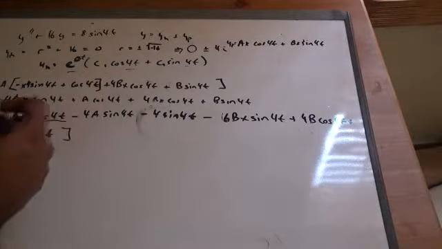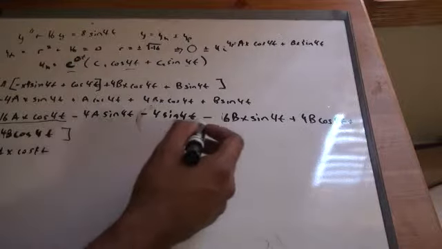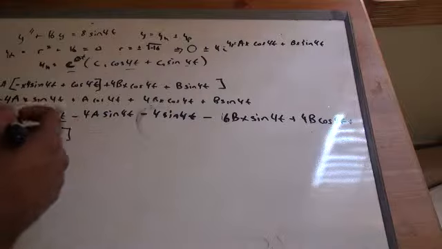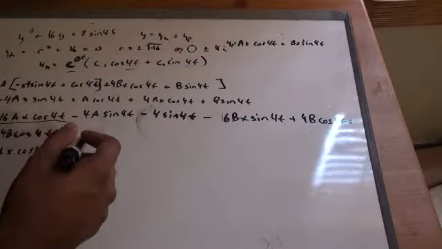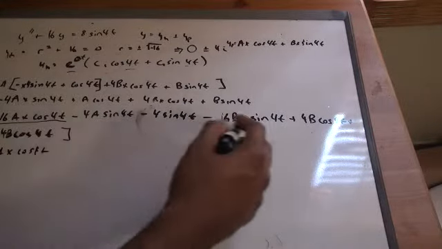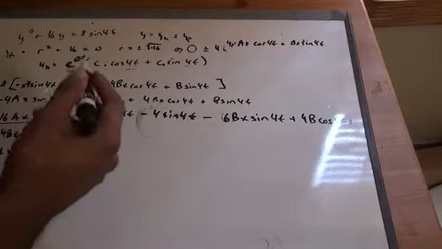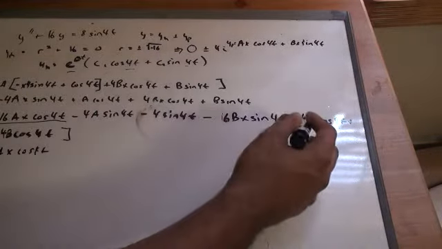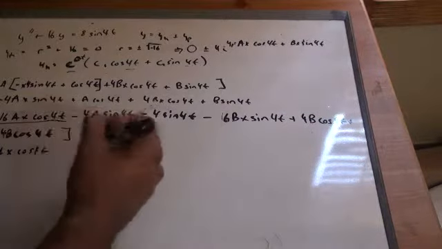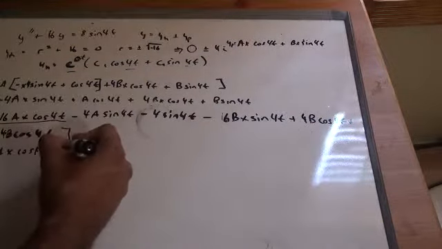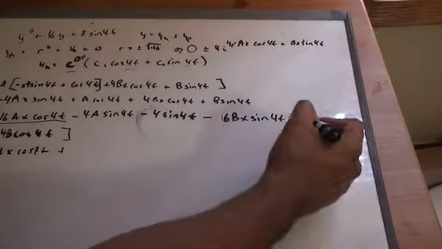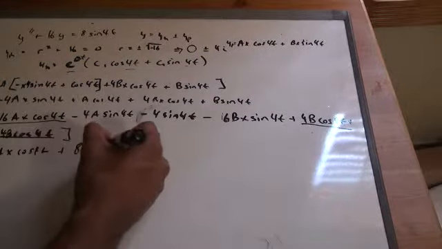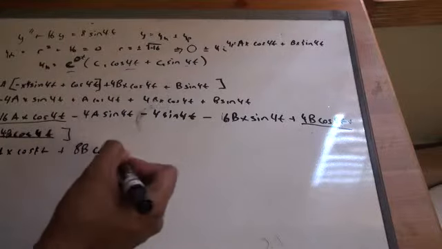Next, let's group the a cosine terms. There are no a cosine terms, so let's group the bx cosine terms. There are no bx cosine terms. Let's group the b cosine terms. We have 2 b cosine terms. Group these two together. We have 8b cosine 4t.